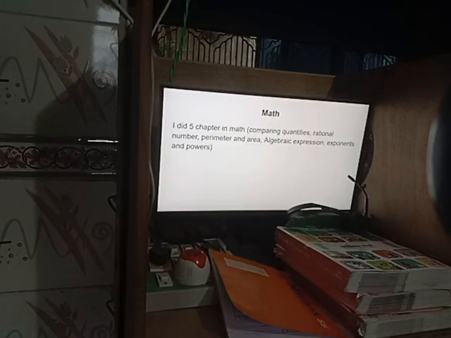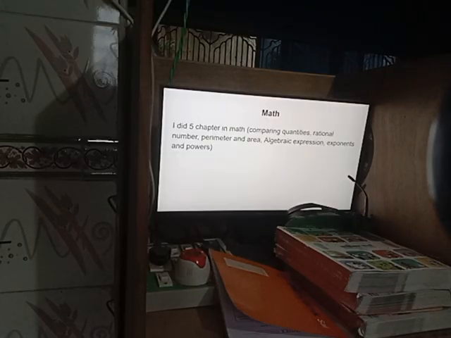The circumference of a circle is always more than 3 times its diameter. That's why we take the value of pi as 22 by 7, which means 3.14.